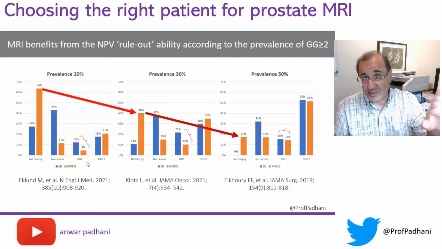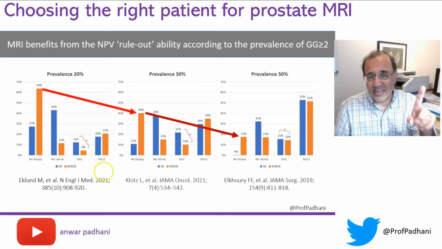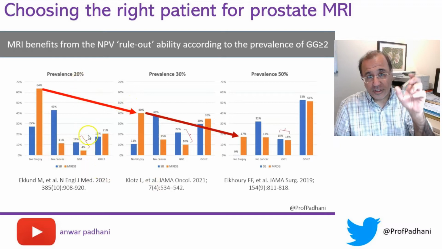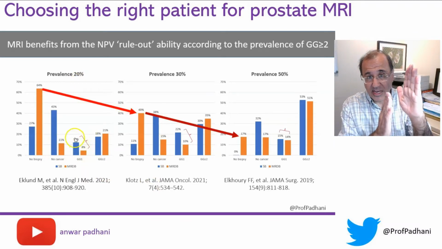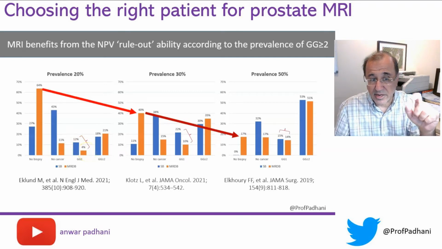So look at the 20% prevalence. You can see in that the difference in the outputs of the systematic biopsy versus the MRI-directed biopsy is almost threefold. So you can see the systematic biopsy had a 12% insignificant cancer detection. With MRI, it was 4%.